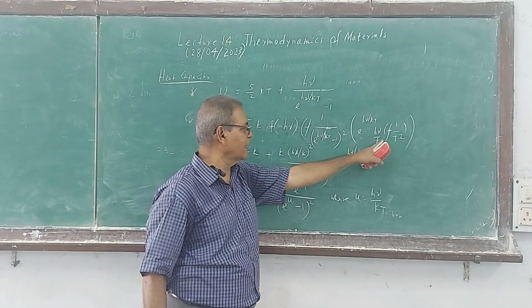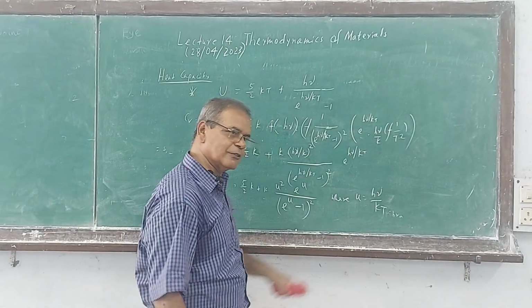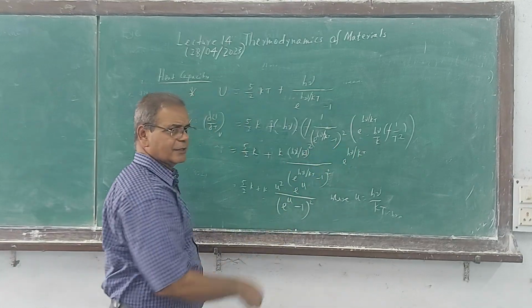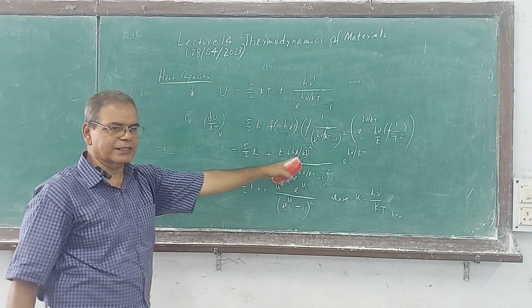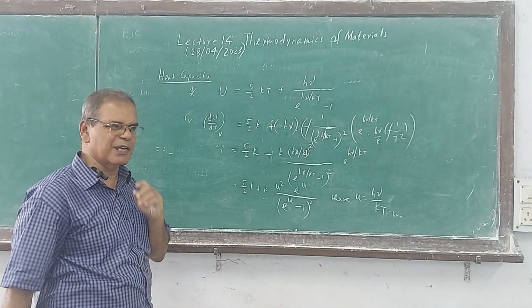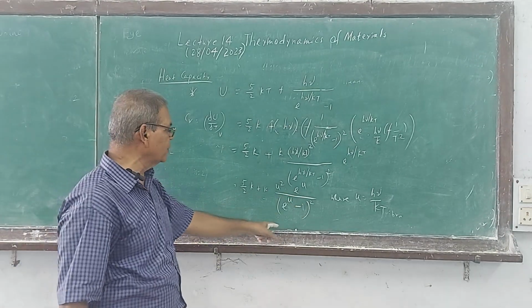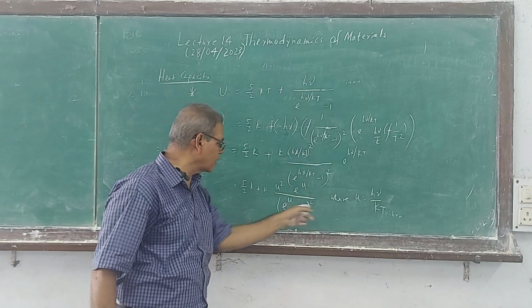You have not noted that. h nu by k, h nu is double, and T square is also squared. Take a look. T square was outside. So include this. Easy, very easy. Take your time, you will see this. So u square e to the power u, over e to the power u minus 1 whole square.